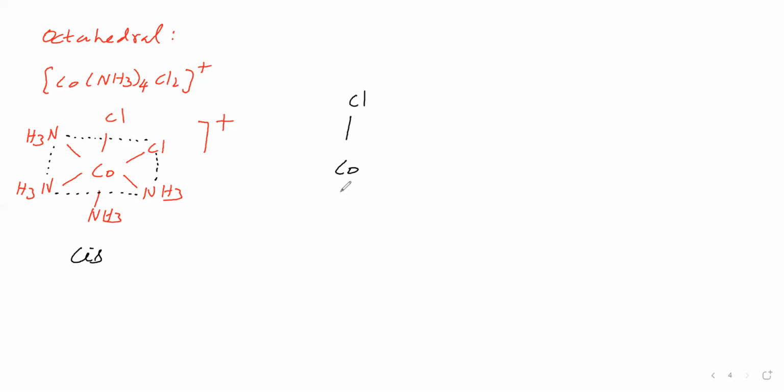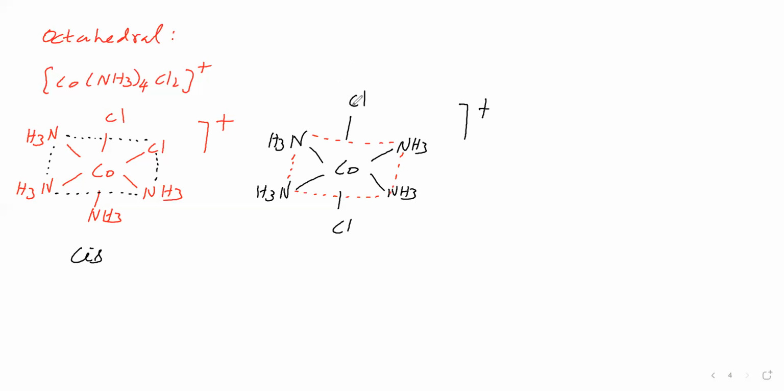Here Cl, here Cl, and the NH3 groups we have written like this, with net charge plus. We have shown square planar like this. Now this Cl is across from this Cl, therefore it is trans. So geometrical isomerism is possible for this octahedral complex.